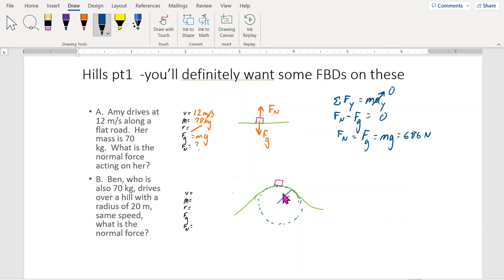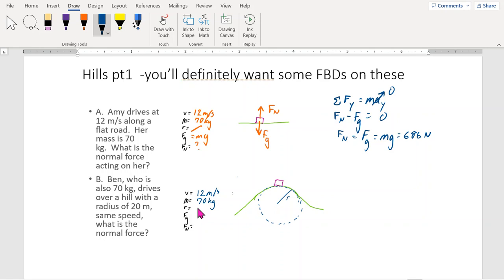So it's important that we understand from the side point of view that I can trace out a circle on this road as we go over the hill. That's one of the big takeaways from here. Anyhow, it says same speed, so that's going to be 12 meters per second, same mass, 70 kilograms.